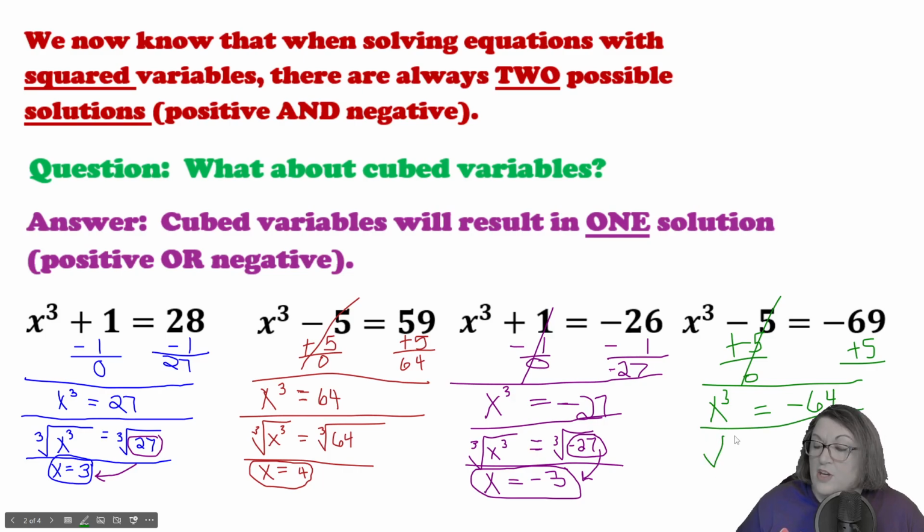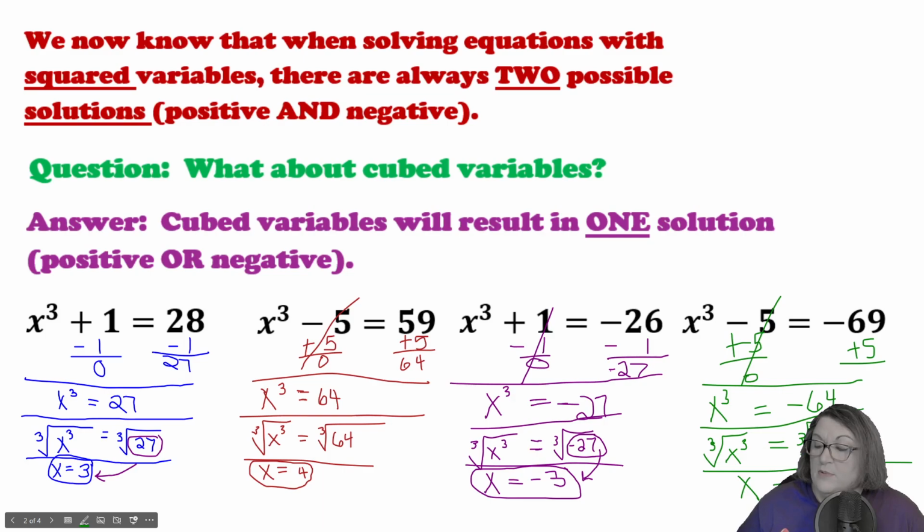And then we take our cube root at the final step to get rid of the cube exponent that's on our x. And we take the cube root of the negative 64 as well on the other side of the equation. And we end up this time with x equaling negative 4.